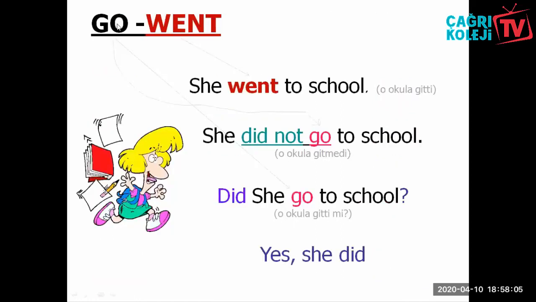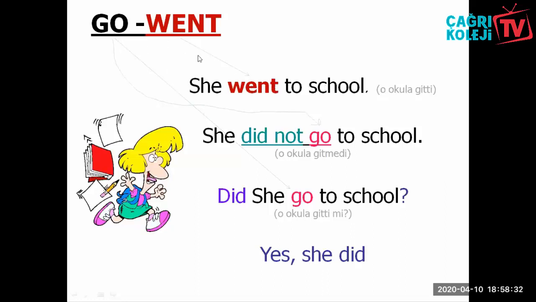Here, go. When you want to make a sentence by using the verb go, all you need to do is change the go into the past form, went. She went to school. Please don't say she goed to school.